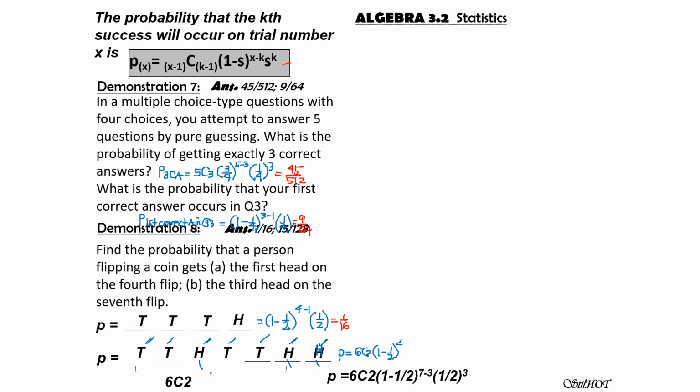So its power should be 4 without using the formula, because there are 4 failures. Then probability of success is 1/2. And since there are 3 successes, then we raise this to 3 also. So the answer is the same. It is equal to 15 over 128.